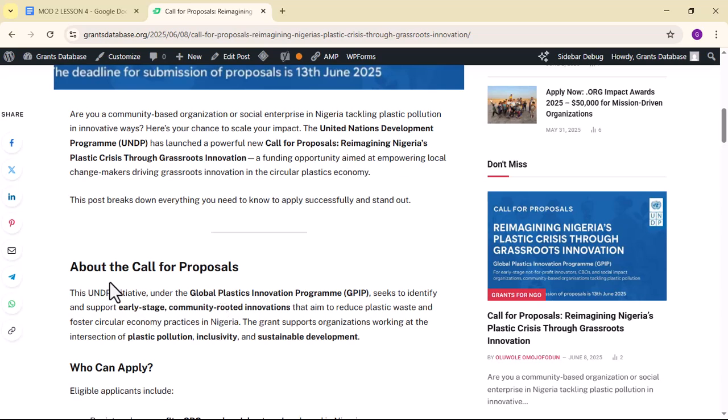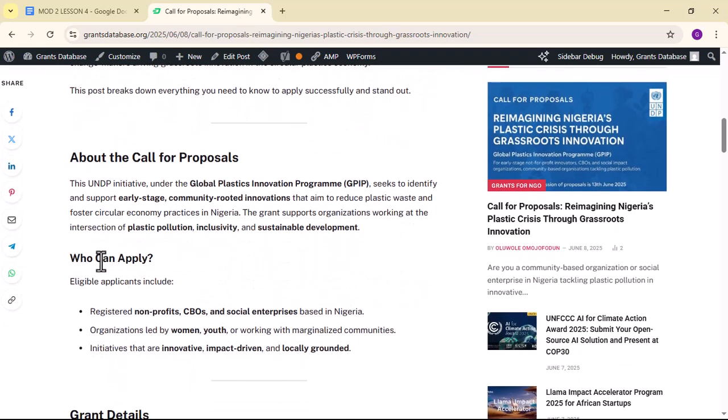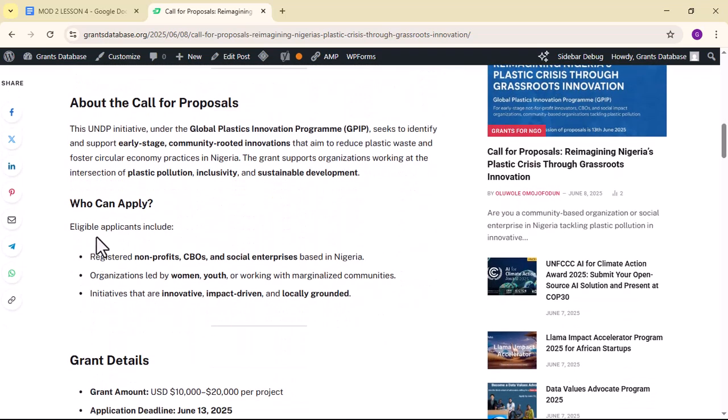Having understood the proposal, now let's look at who can apply. The major set of people that can apply are registered non-profits and social enterprises that are based in Nigeria.